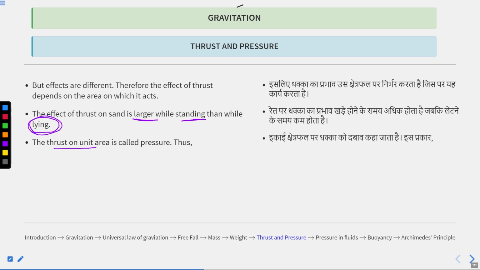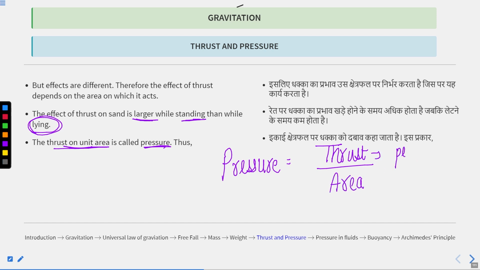And thrust per unit area is called pressure. We have defined a new term called pressure, which is the perpendicular force, which we called thrust, divided by area. In other words, the force was the same, but when you were standing, the surface area was small.